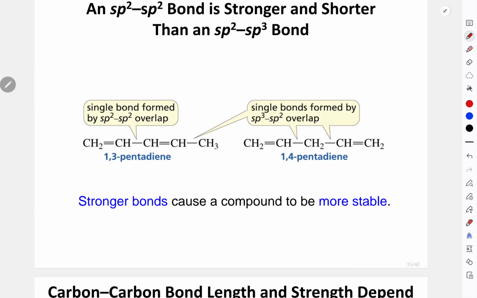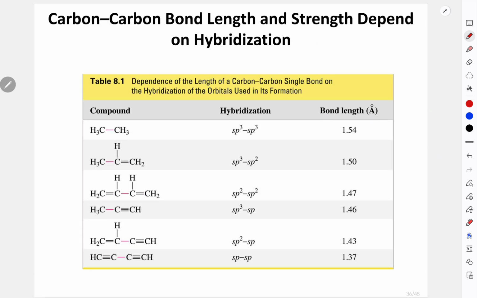And this is a generalized table. Carbon-carbon bond lengths and strengths depend on hybridization. Perhaps as you already know, in this case you have sp3, in this case sp2 and sp3, sp2 and sp2, sp3 and sp, then sp and sp2, and sp and sp.